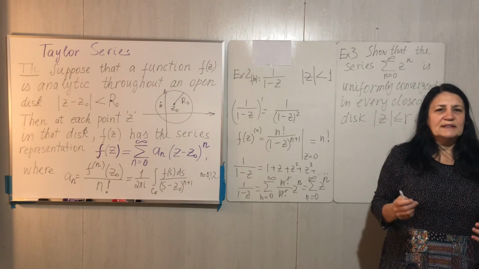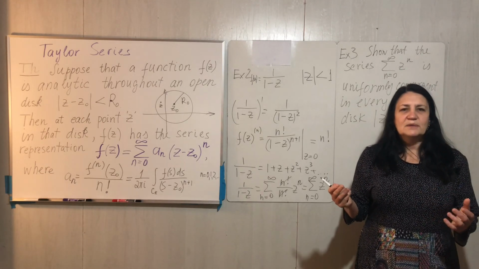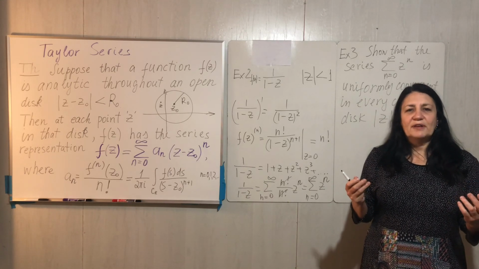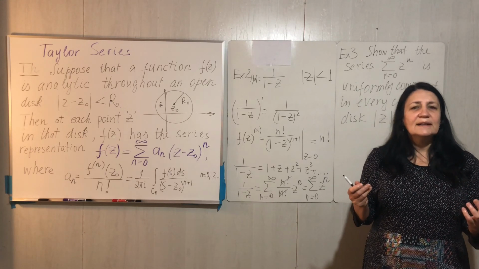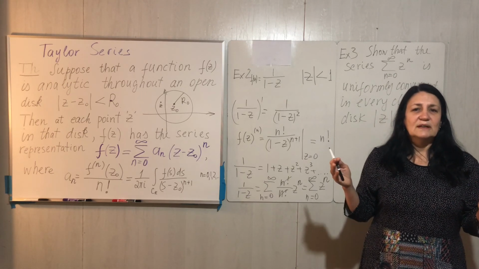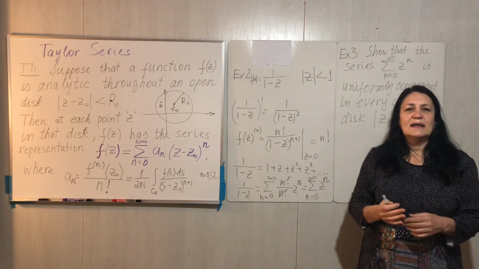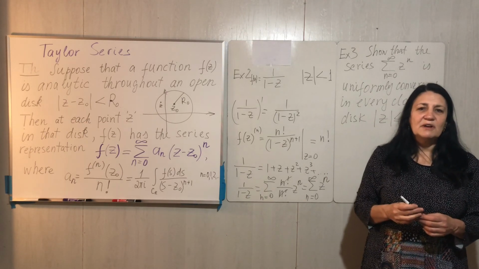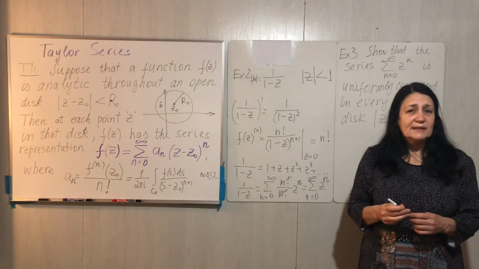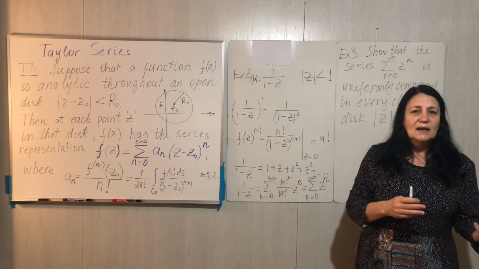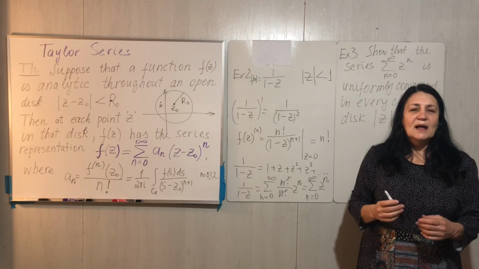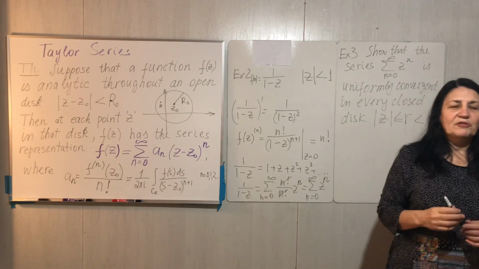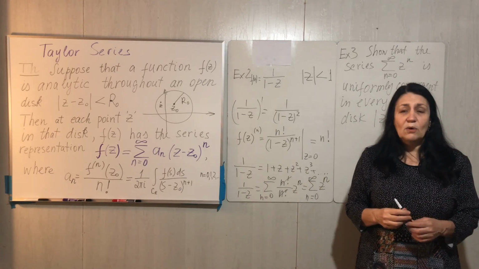We know that if a series converges, it means that the sequence of its partial sums as n goes to infinity converges to a certain number, say s, and s is the sum of the series. But alternatively, we can look at the remainders. If we subtract the partial sums from s, we end up with a remainder, and this remainder, for that chosen epsilon, must go to 0.